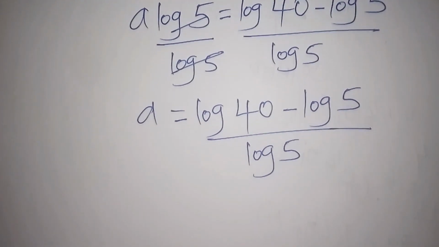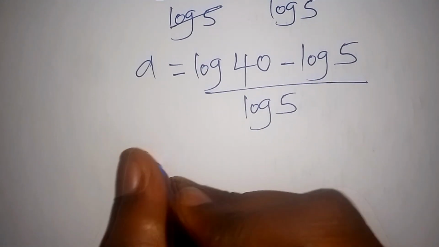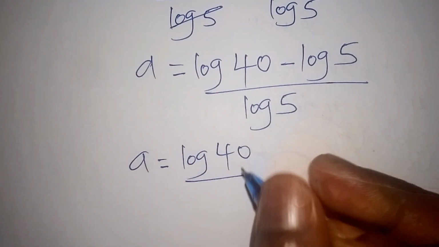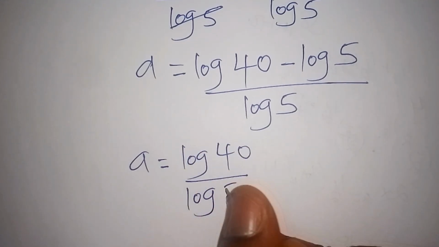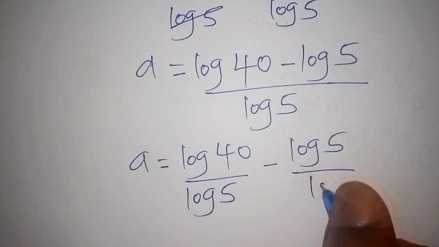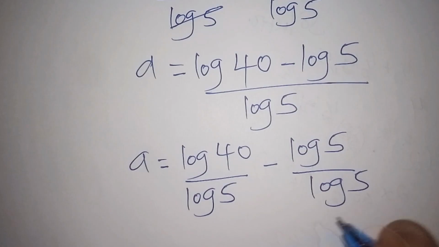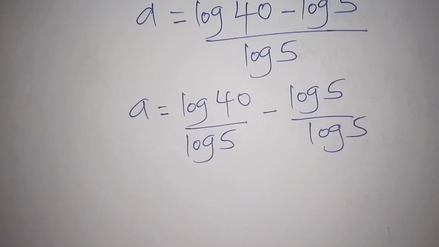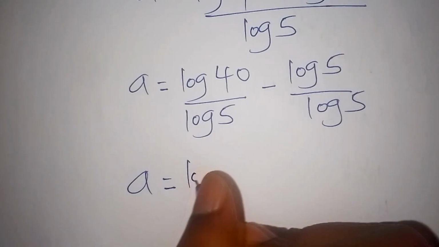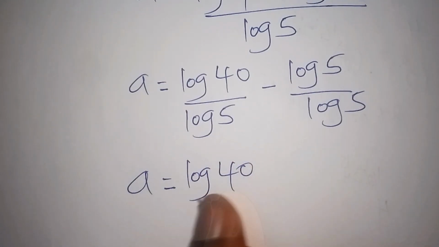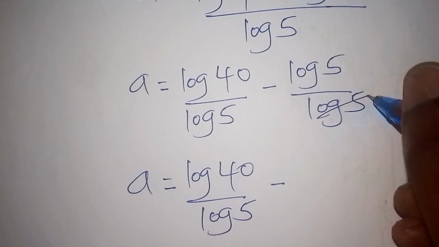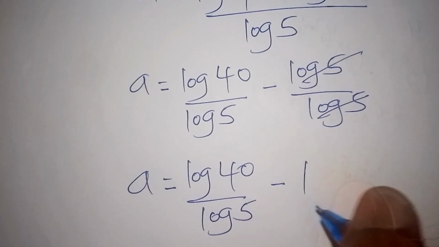Now we shall split this equation by saying that a is equal to the log of 40 divided by the log of 5, minus the log of 5 all over the log of 5. So the value for a shall be the log of 40 all over the log of 5, then minus, log 5 and log 5 cancel, so we remain with 1.